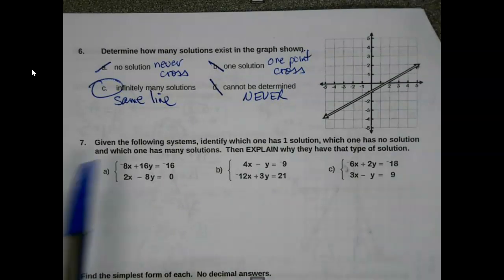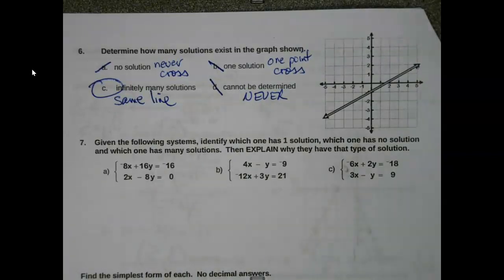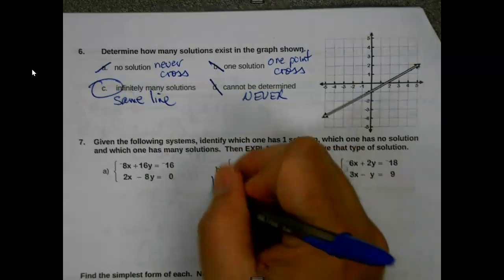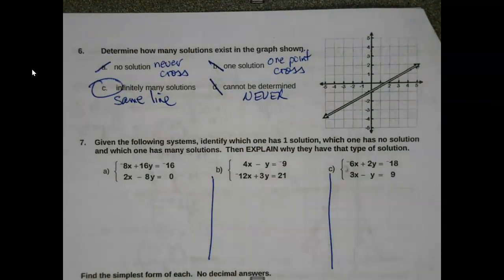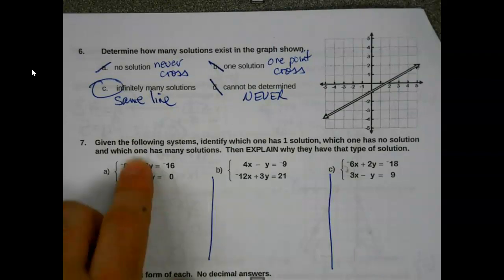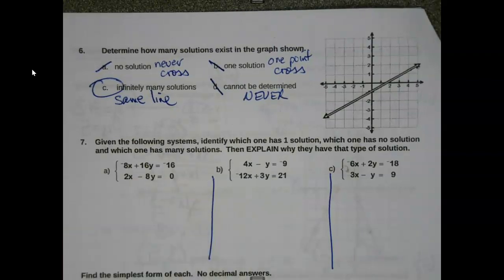So when we get to this next part, given the following systems, identify which one has one solution, which one has no solution, and which one has many solutions. Okay, Hardy, how are we going to do this? At least at the start, we need to set these up like we were doing number 4 and number 5. So I look, and I'm like, I can't add down and eliminate anything.